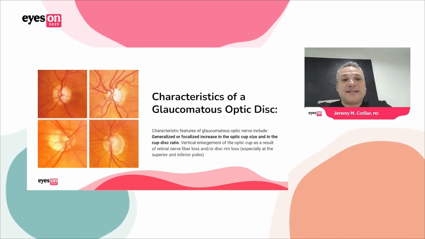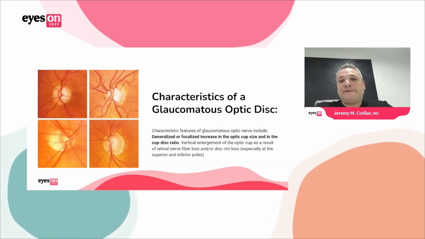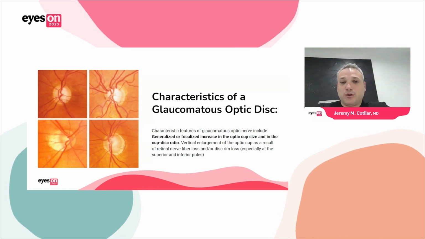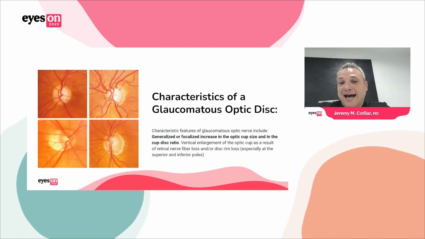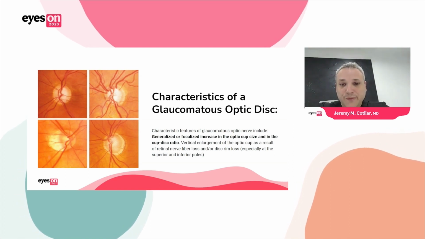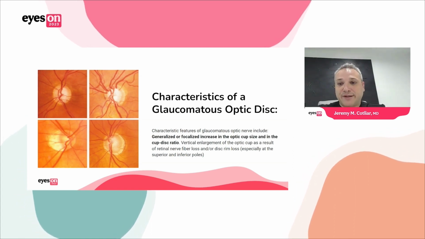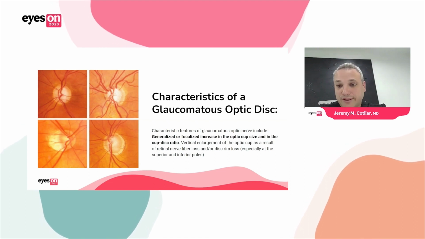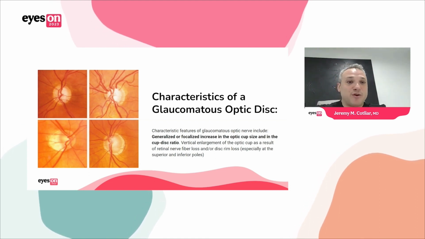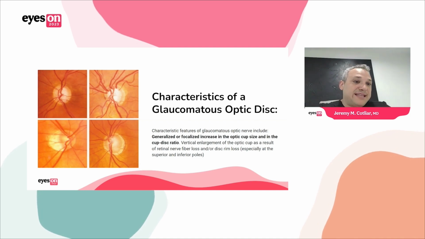Characteristics of a glaucomatous optic disc. Characteristic features of glaucomatous optic nerve include generalized or focalized increase in the optic cup size and in the cup to disc ratio, vertical enlargement of the optic cup as a result of retinal nerve fiber loss and or disc rim loss, especially at the superior and inferior poles. In these pictures, these are various forms of possible glaucoma.